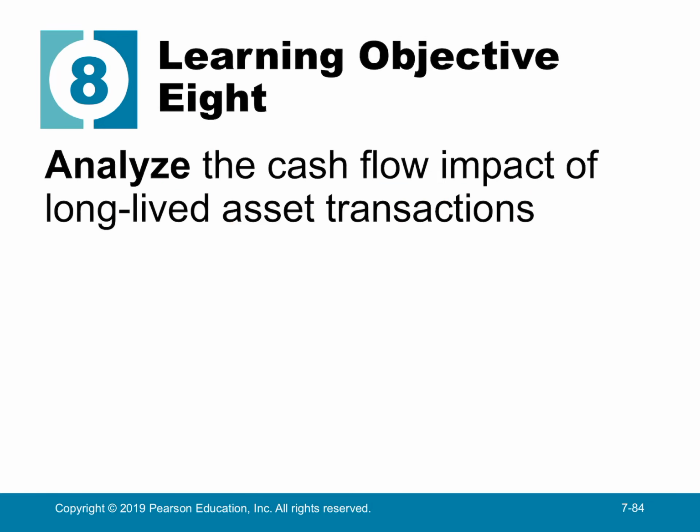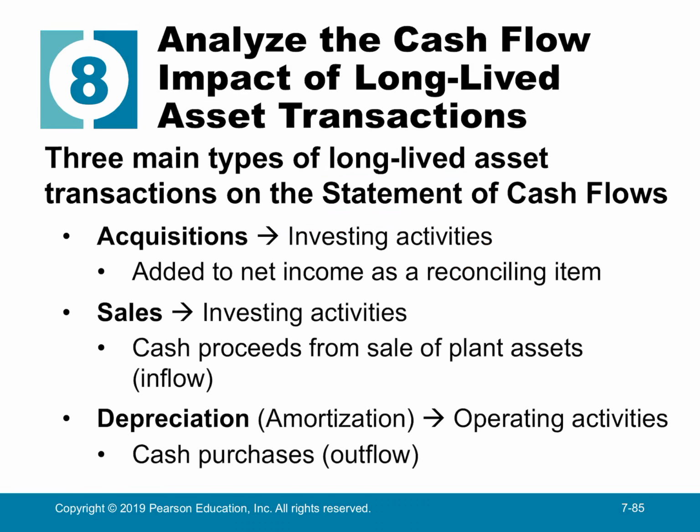So finally, in the last section, what is the cash flow impact of long-lived asset transactions? What happens to our statement of cash flows? Well, if we acquire property, plant, and equipment, this is an investing activity. We're investing in our company, okay? So this is going to be an investing activity. If we acquire, cash goes down.